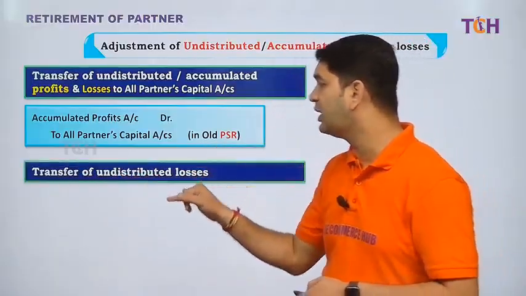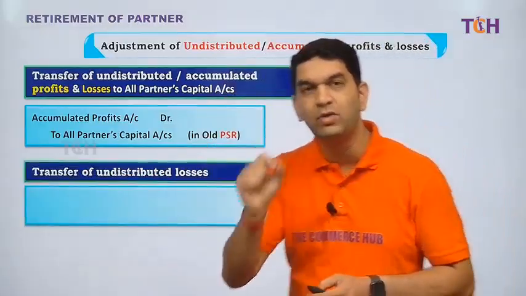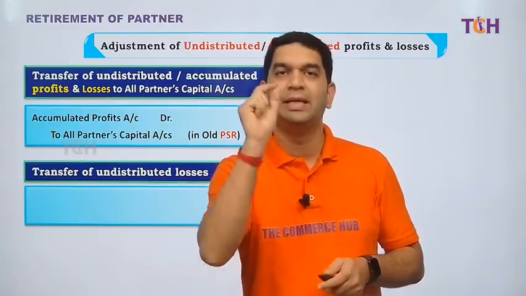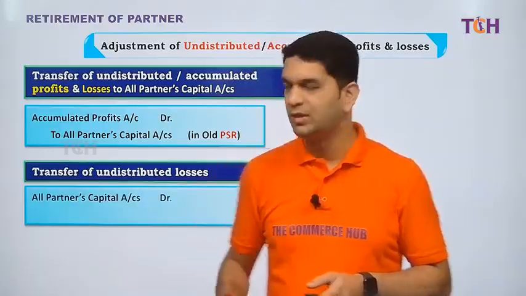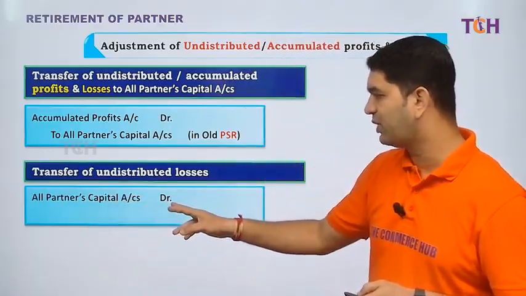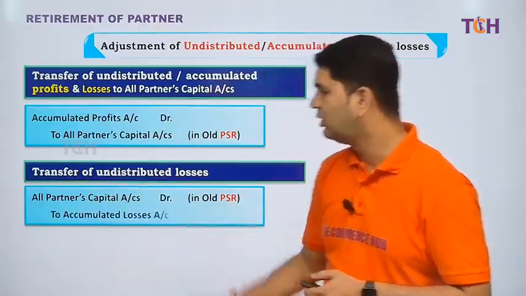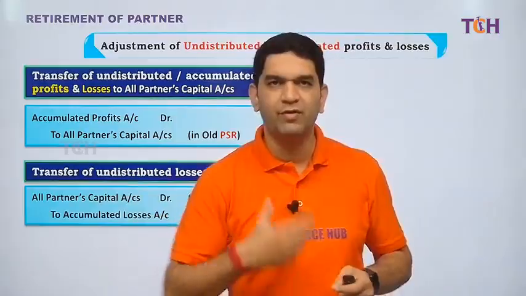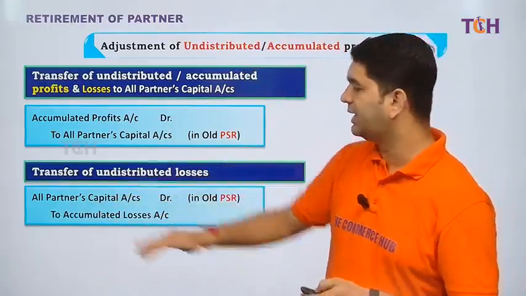Transfer of undistributed loss. Again, a similar logic you can apply. Due to distribution of loss, your capital is going to decrease, and if capital decreases, we will debit it. So all partners' capital account debit in old PSR, obviously to accumulated loss. Loss itself has a debit balance, so now we have to cancel it, so we will be crediting it.